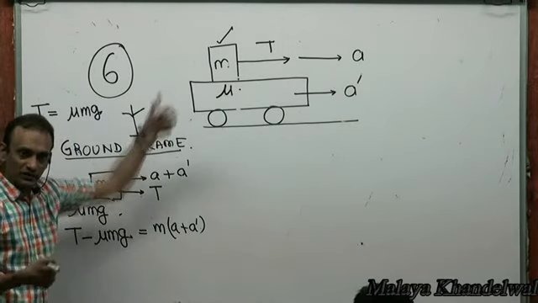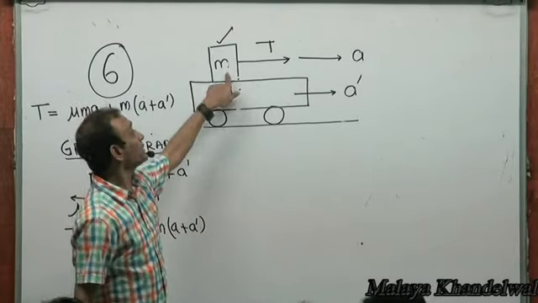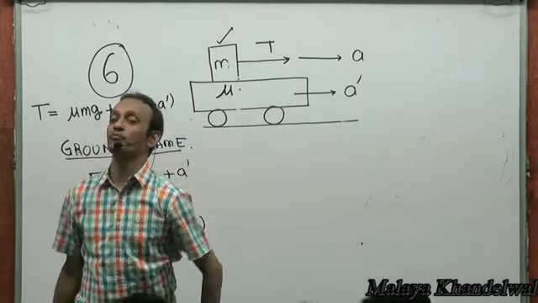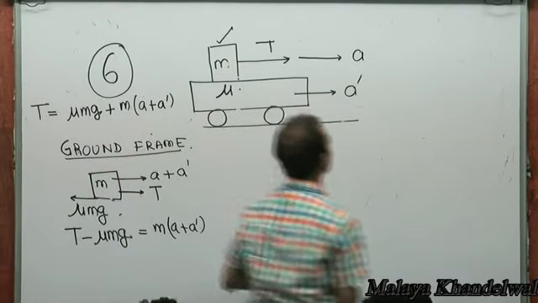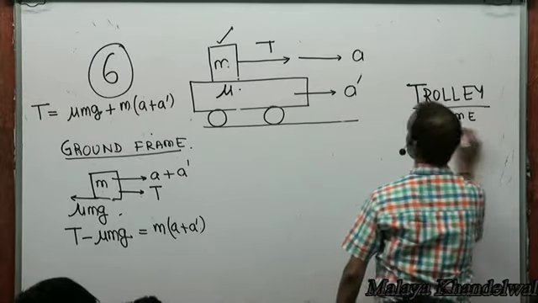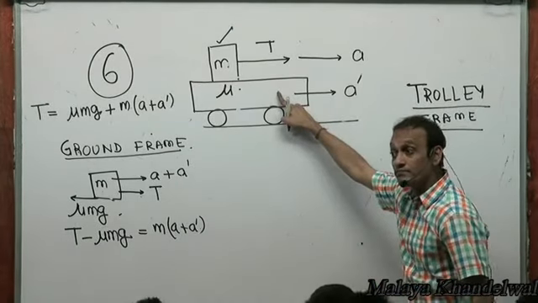I could have also obtained T by looking at the free body of this in the trolley frame of reference. Same T. Let's see. Now in the trolley frame, what are the forces? This is an accelerated frame, right?